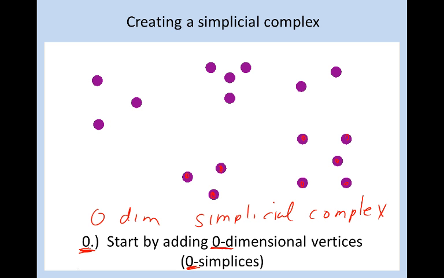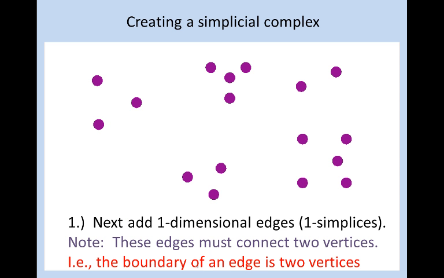After our step 0 of adding 0 simplices, we then go to step 1 of adding one-dimensional 1 simplices. So we can add a bunch of edges, but there are rules in terms of adding our edges.